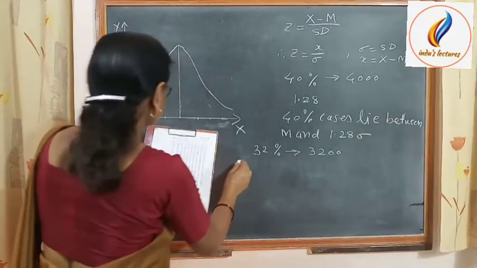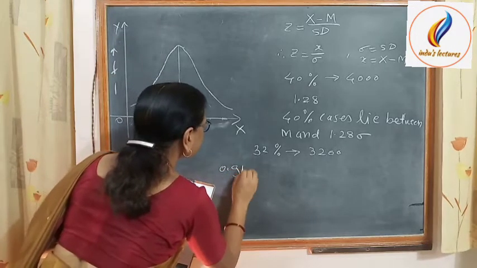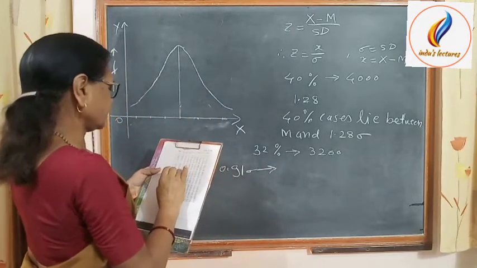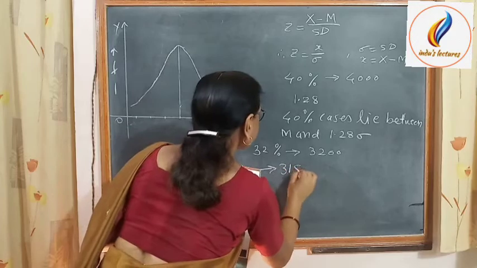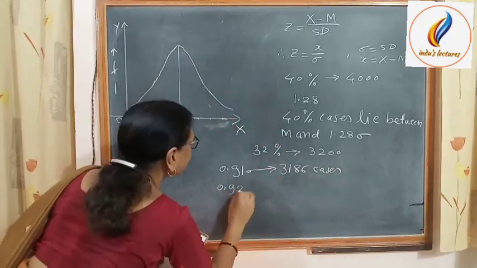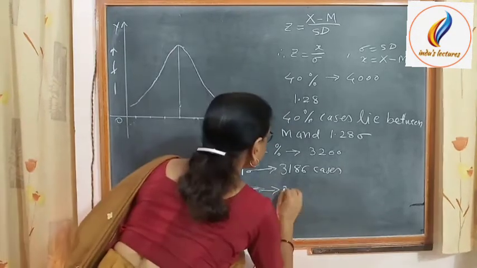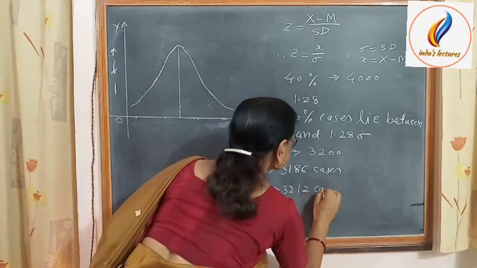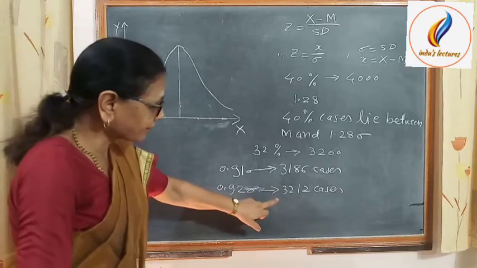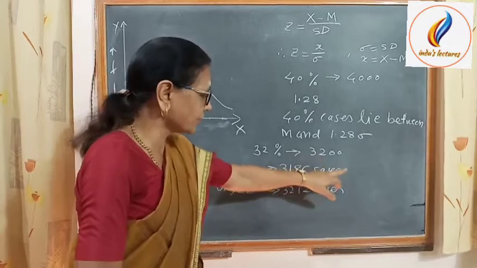Between mean and 0.92 sigma there are 3,212 cases. That means we cannot find exactly 3,200 cases in the table.